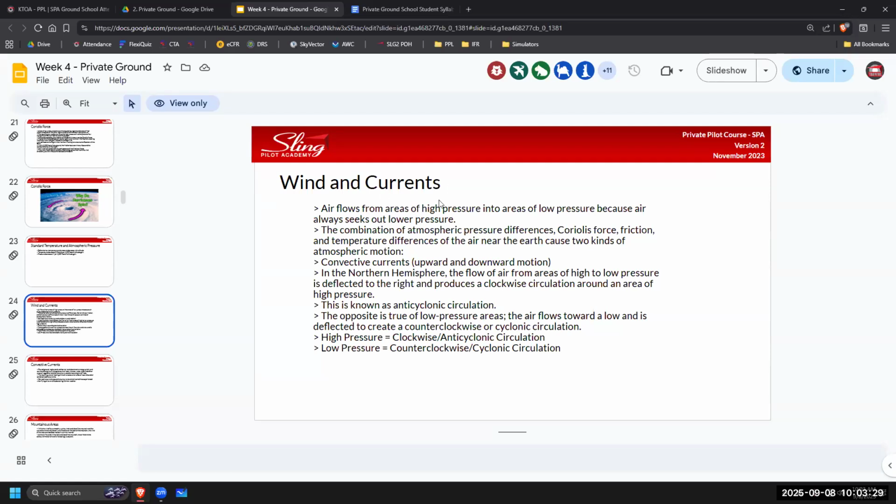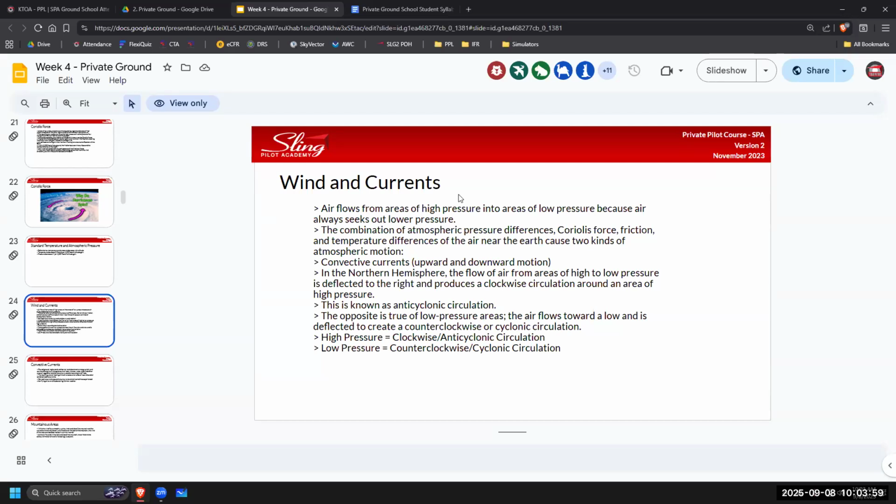Air flows from areas of high pressure into areas of low pressure because it's always seeking out lower pressure. So in combination with pressure differences and the Coriolis force that we talked about, and friction and temperature differences, there are 2 kinds of atmospheric motion. There's convective currents, the upward and downward motion.